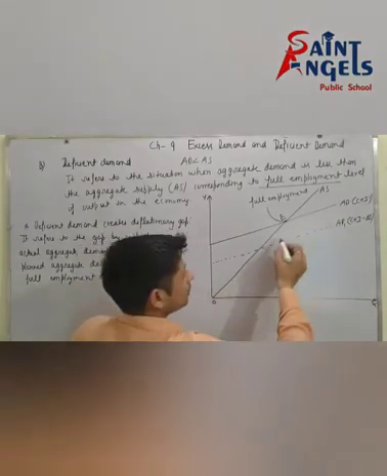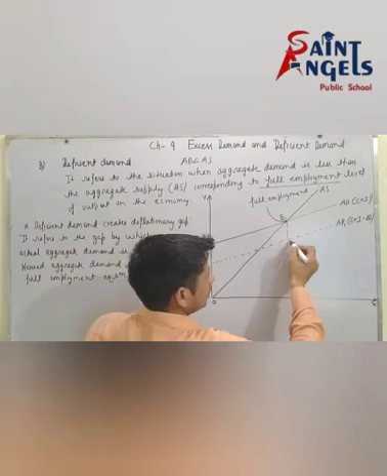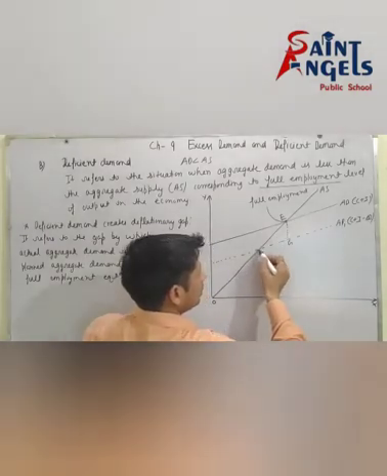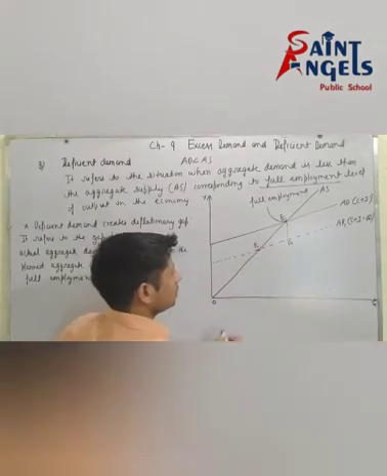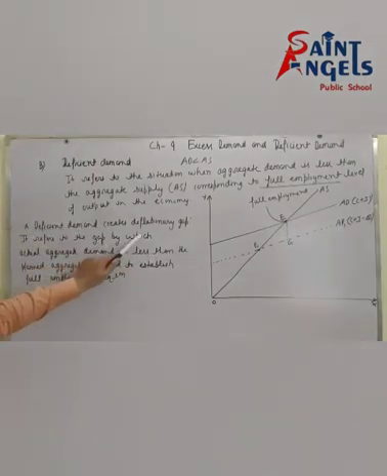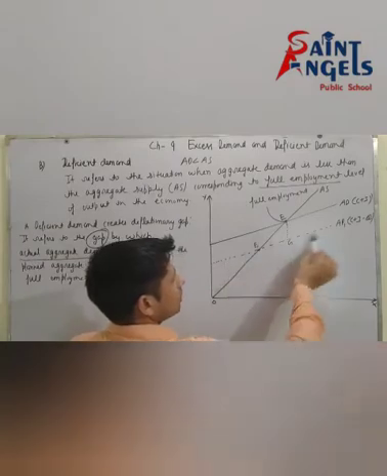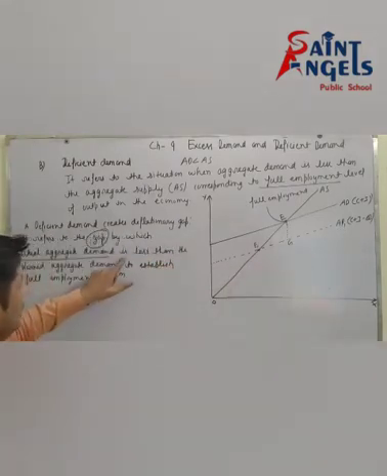See, now take here G and here E1. It refers to the gap by which actual aggregate demand is less than the planned aggregate demand.